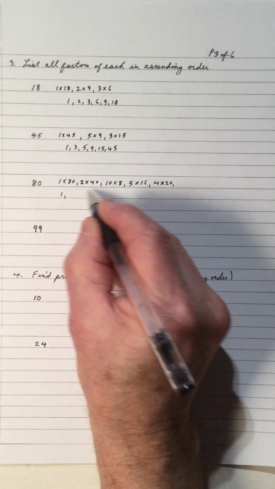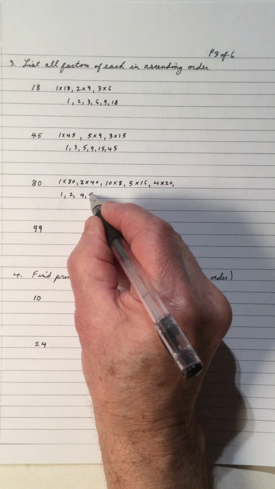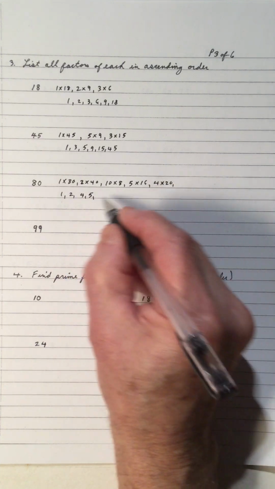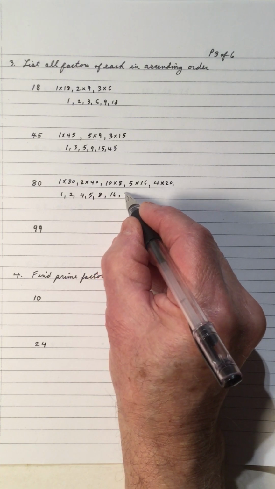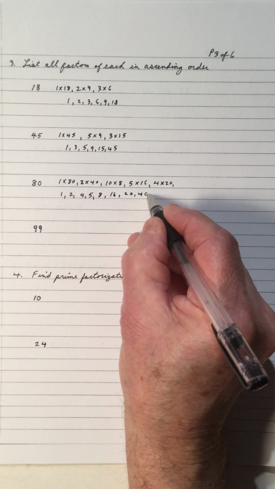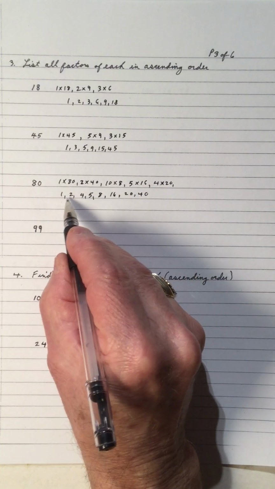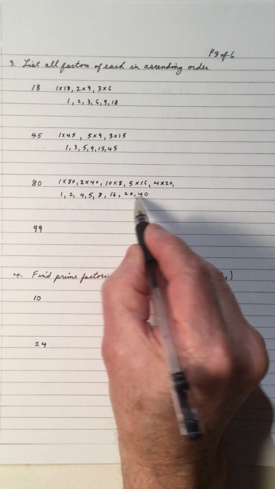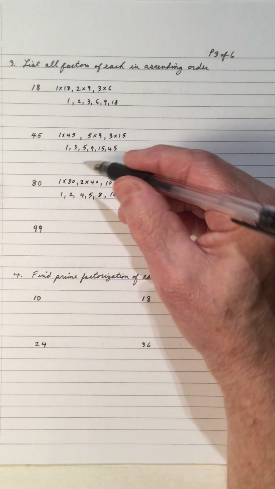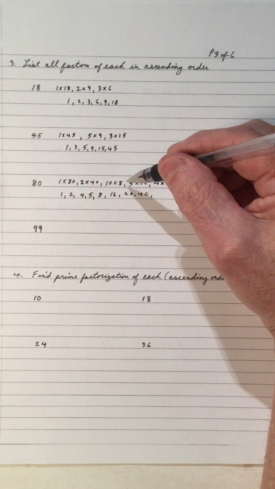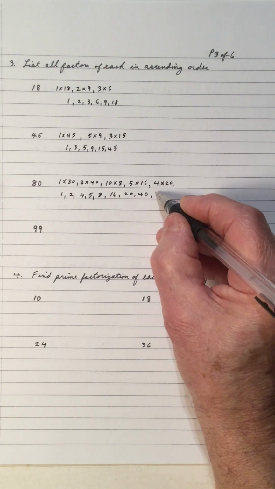So I see a 1, a 2, a 4, 5, 8, 16, 20, 40. Now, okay, I have 2, 4, 5, 8, yeah, 16, 20, 40.